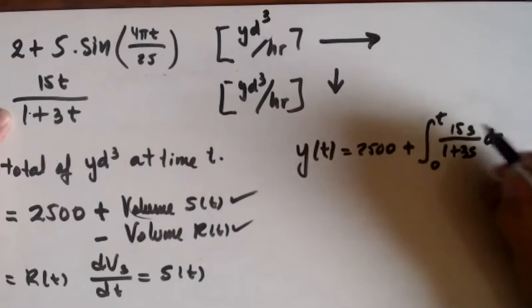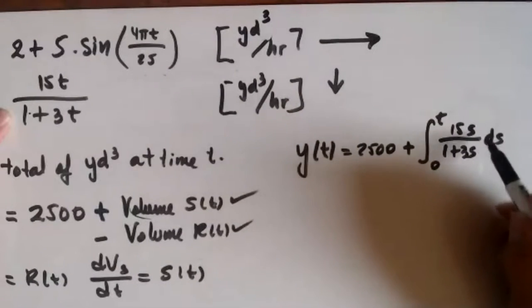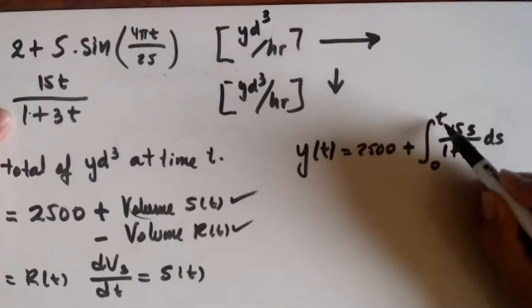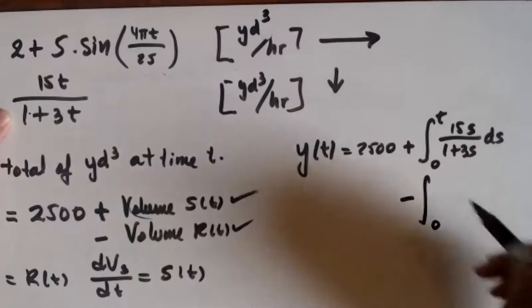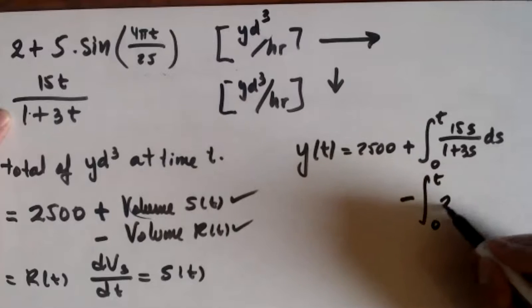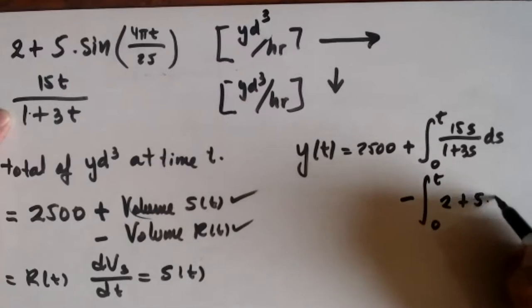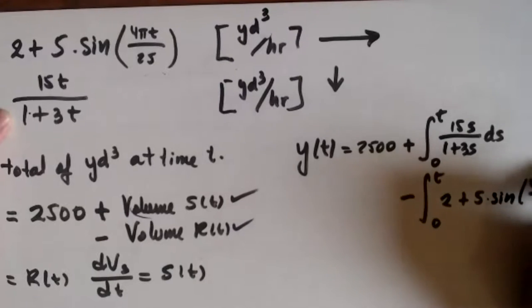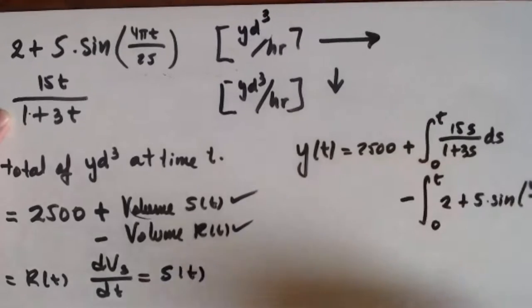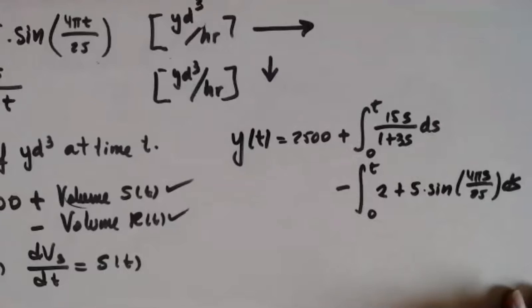Why did I put an s? Because formally you have to change the variable, since you have this variable right here. Minus the integral from 0 to t of 2 plus 5 sine 4 pi t over 25. In this case I'm going to put an s also, ds. So this is going to be my expression.